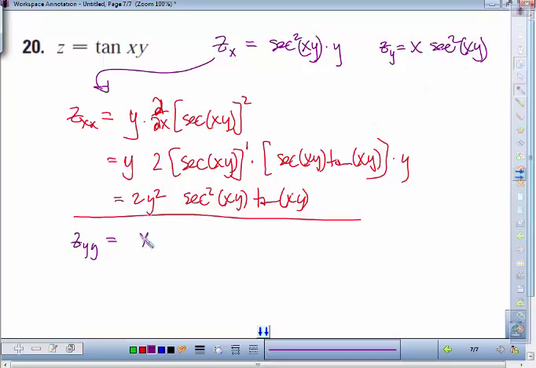The derivative of secant squared xy is going to be 2 secant xy to the first power times the derivative of secant xy, which is secant xy times tangent xy.